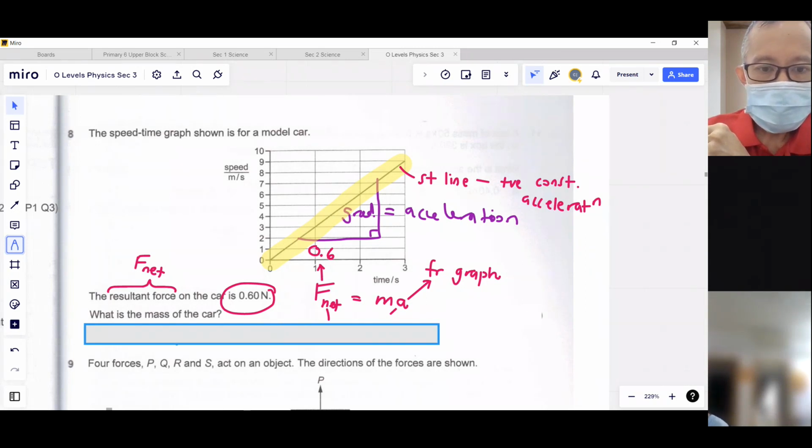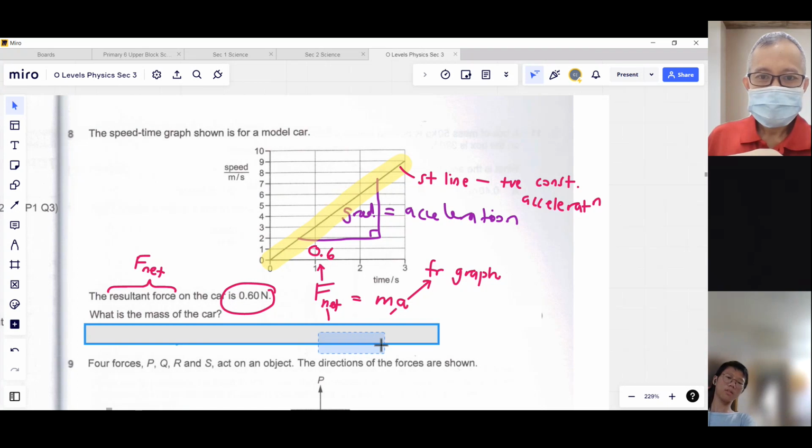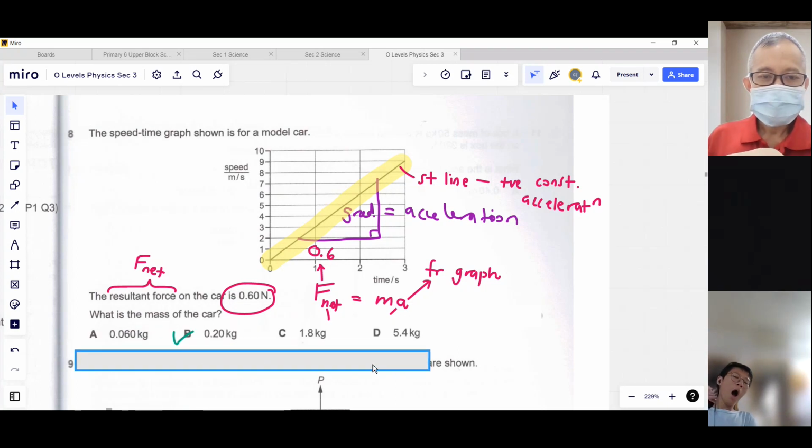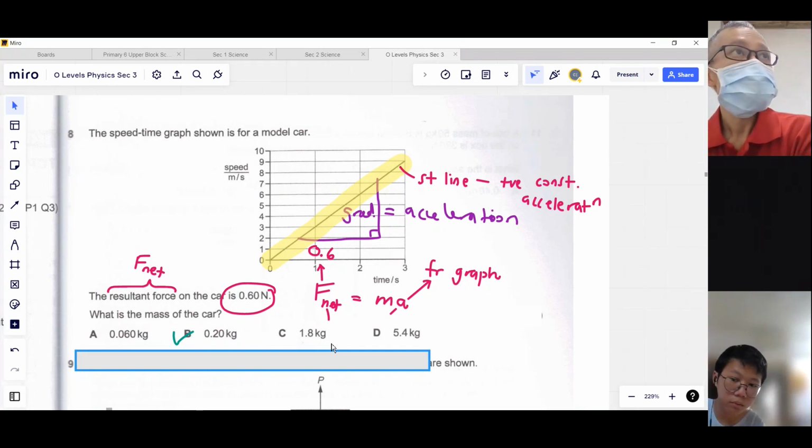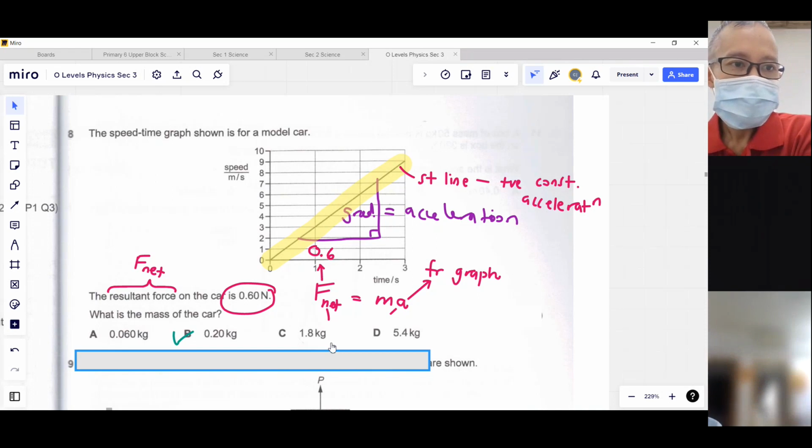I put D. Yeah, Jing, number 8. D. B. Okay, I can't remember. So let's take a look. Guys, Steven, you get it right? You did. Okay, great. Now make sure you can calculate the acceleration.